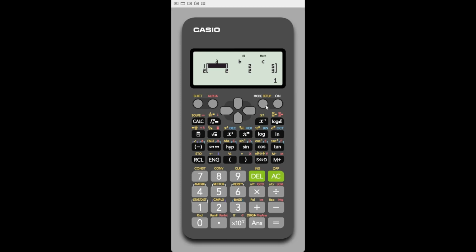In a similar way, if we want to go for three unknown parameters, mode 5, and then we select 2. The same way we will be giving the values ax plus by plus cz is equal to d. So let us see, like 1 2 1 4 2 4.